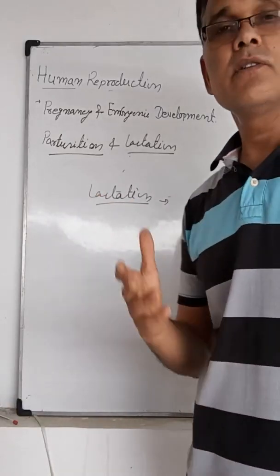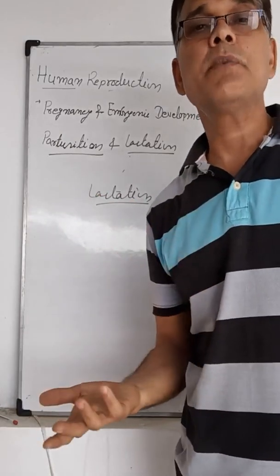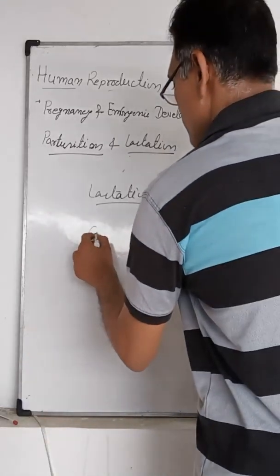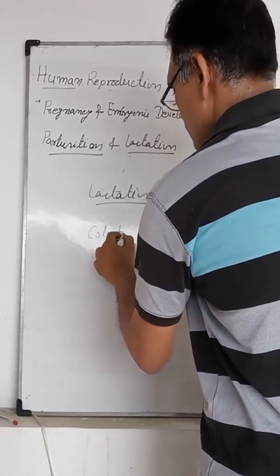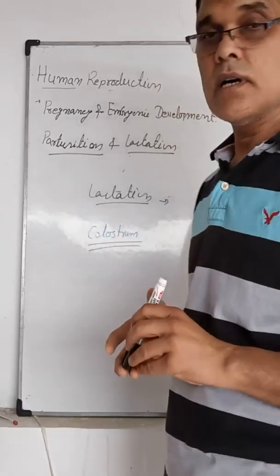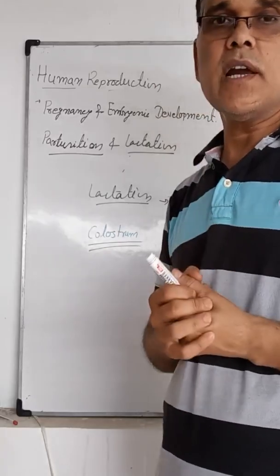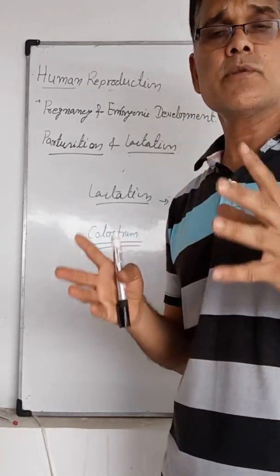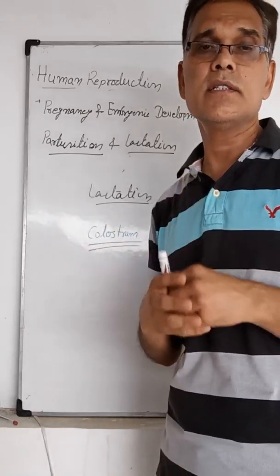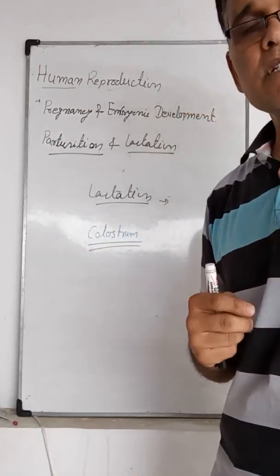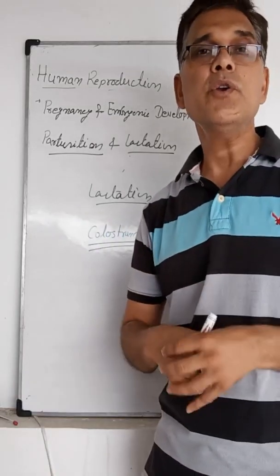The first milk which is released after parturition, just after the delivery of the child, is known as colostrum. Colostrum has different types of antibodies and other things. It is a yellow colored milk which is very essential for the new young ones.